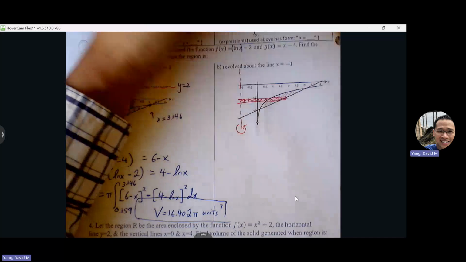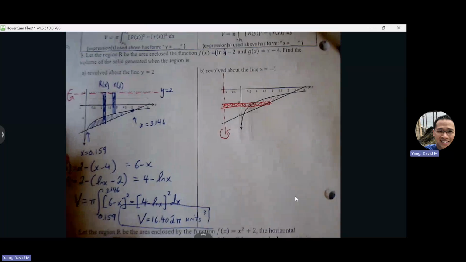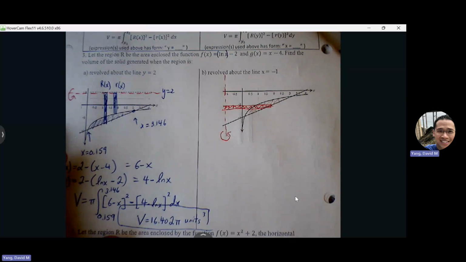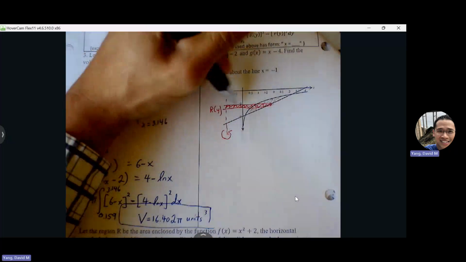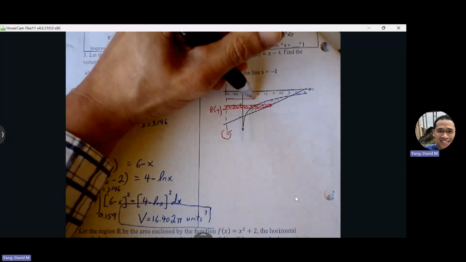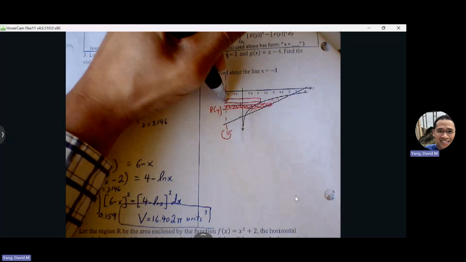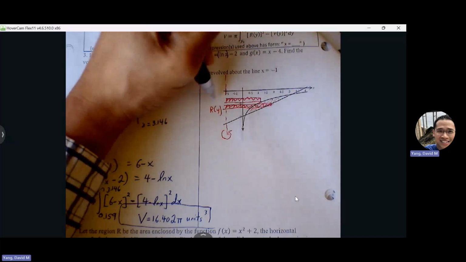So from the axis all the way to the diagonal line is going to be your big radius. We call it big R of y. And then from the dotted line to the closer one, which is your curve, that's going to be your little r.